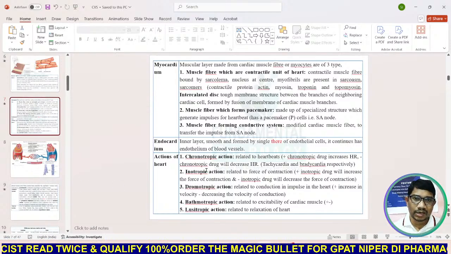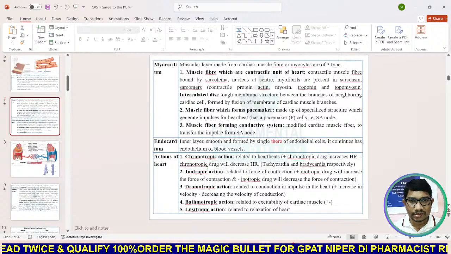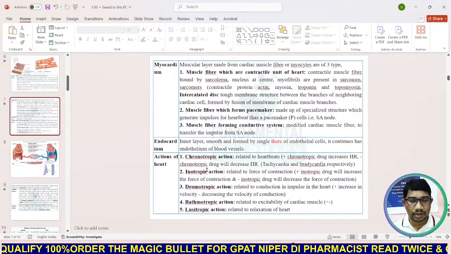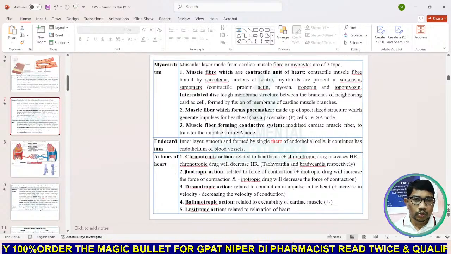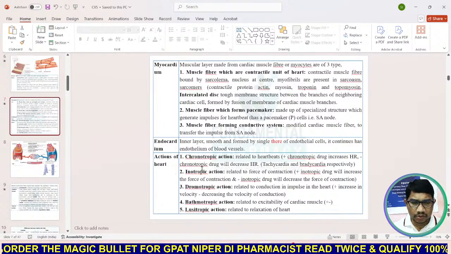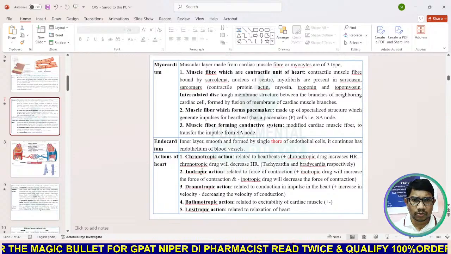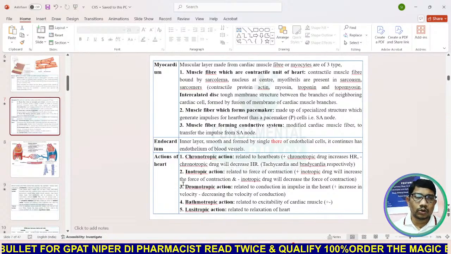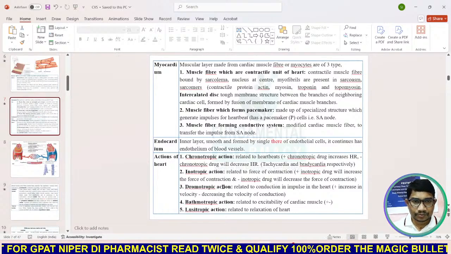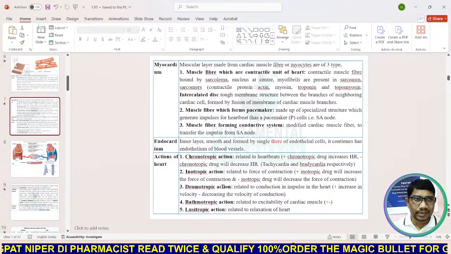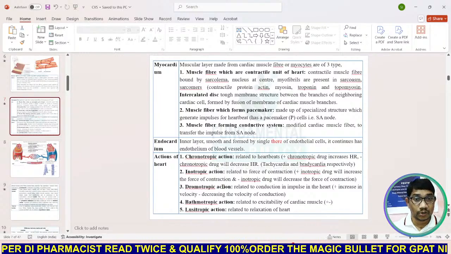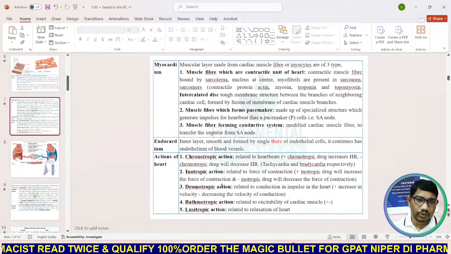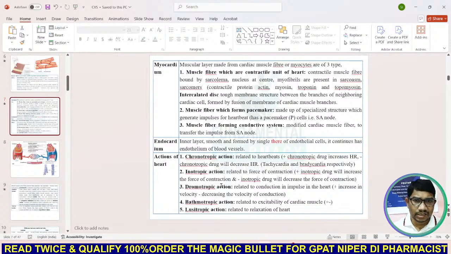Chrono is related with the heartbeat, means heart rate. A drug which increases the heart rate is known as a positive chronotropic. A drug which decreases it is known as a negative chronotropic. Now inotropic means force of contraction. A drug which increases the force of contraction is a positive inotropic, and one which decreases it is a negative inotropic. Dromotropic means conduction velocity.